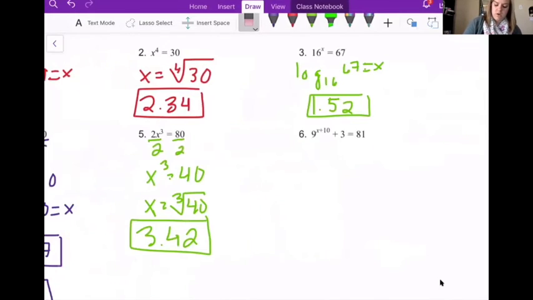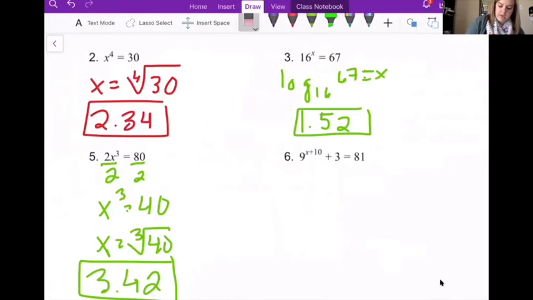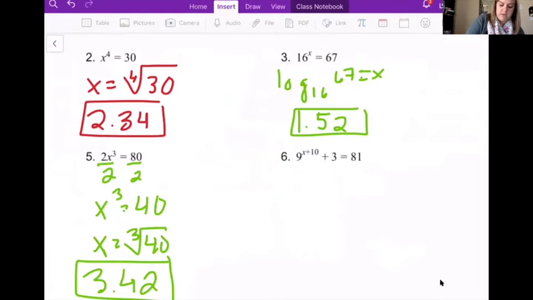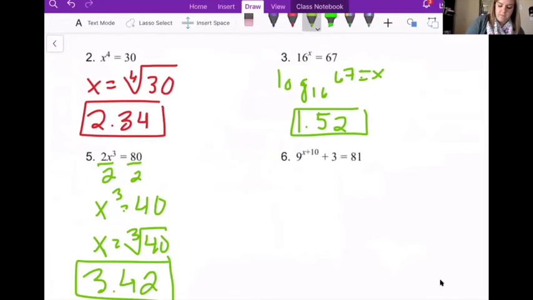The first thing we want to do is try to get this 9 to the x plus 10 by itself. So we first want to subtract 3. So then we have 9 to the x plus 10 equals 78.